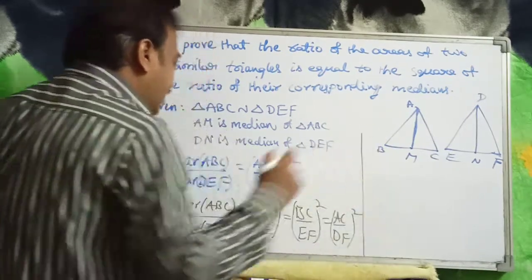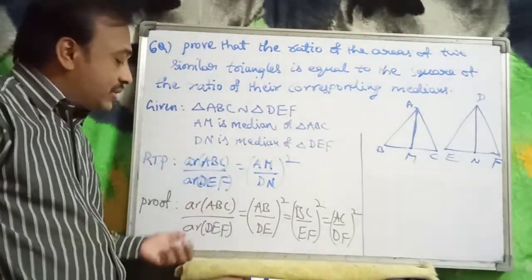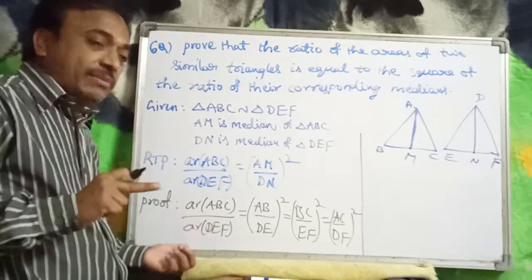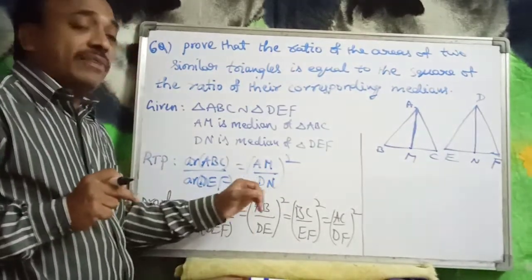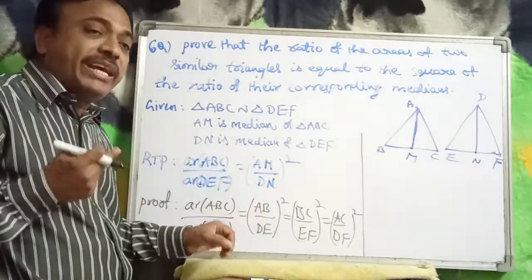This we know: the ratio of the areas of two similar triangles is equal to the square of the ratio of their corresponding sides.